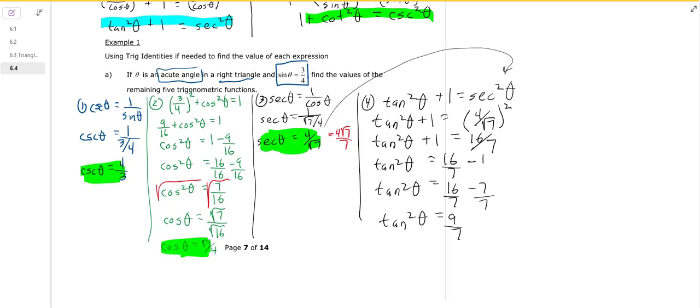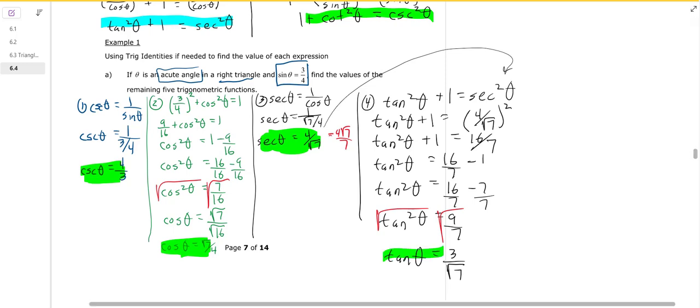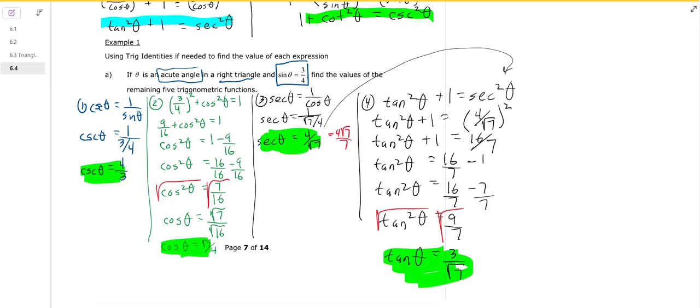Now I can do square root properties. You can do this in your head, so that's going to give tangent theta. The square root of 9 is 3. Square root of 7, we're just going to leave that alone. So this would give us the answer to the tangent of theta. Okay, and then that gives us one last thing to do now. In step 5, we need to find the cotangent.